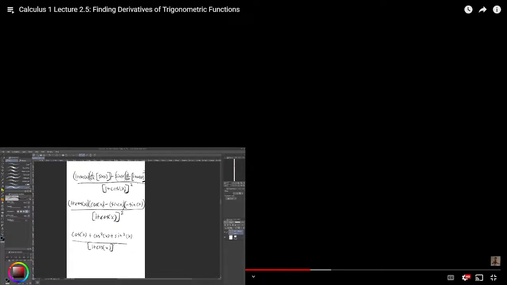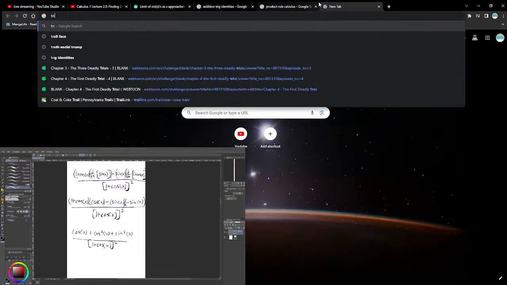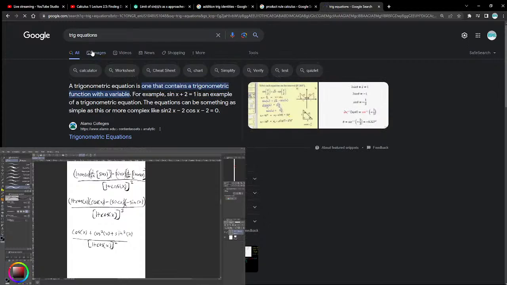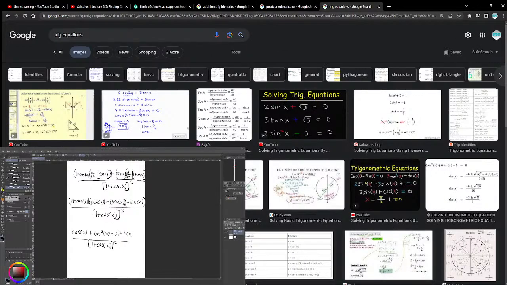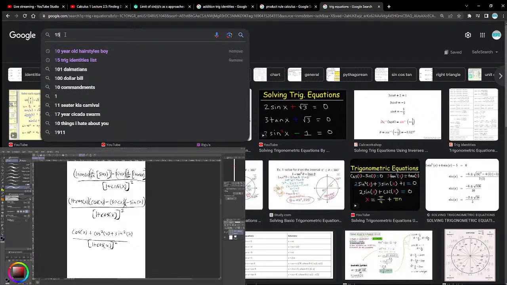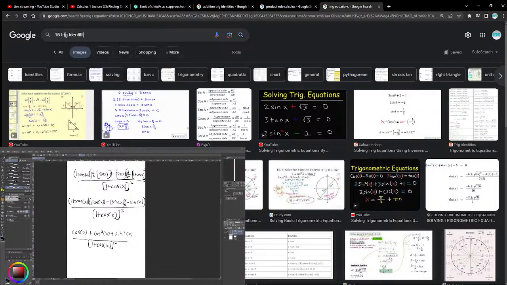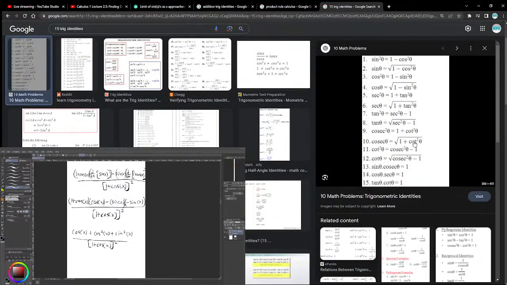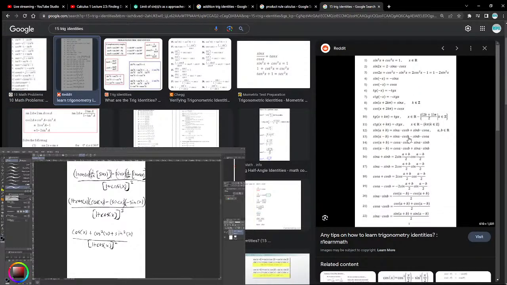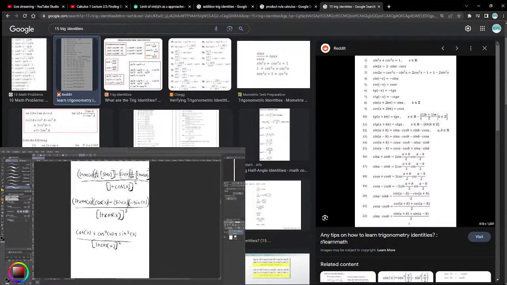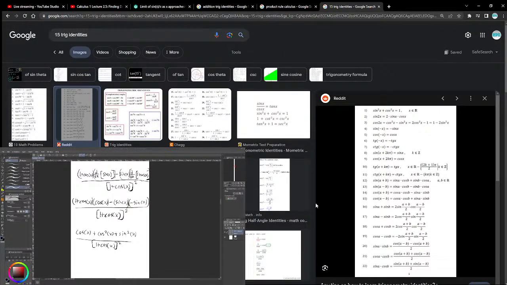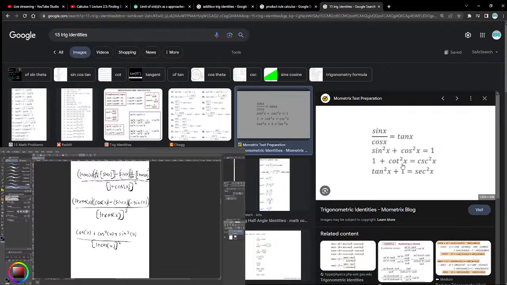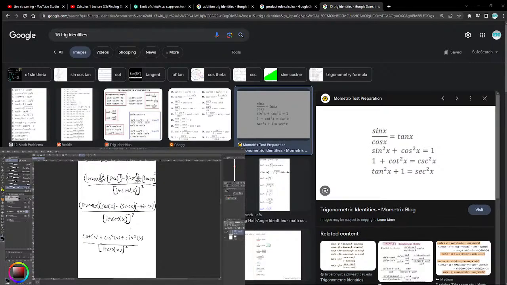I see something here. Let me make sure. Sin squared x plus cos squared x equals 1, okay.